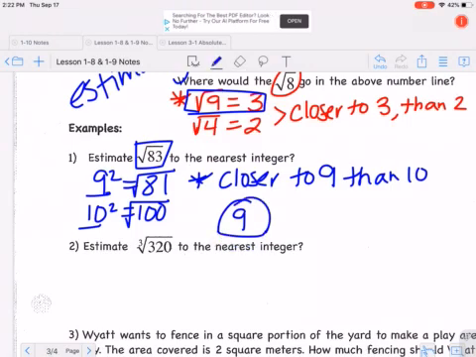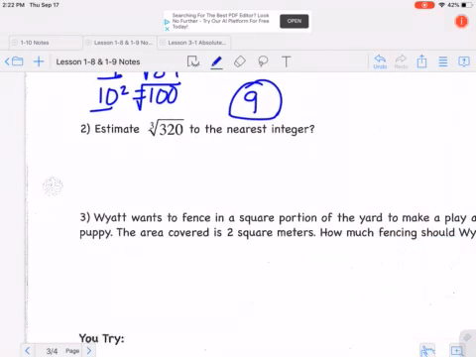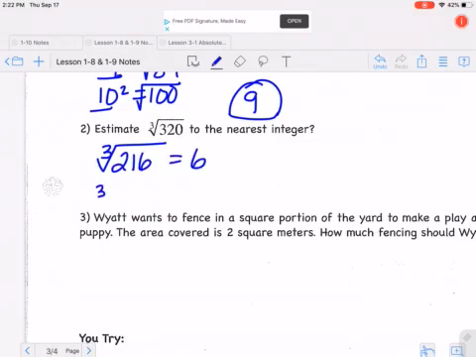Okay. Number 2, I have to find the cubed root of 320 to the nearest integer. So, the cubed root, I'm going to say, of 216 is 6, and the cubed root of 343 is 7.